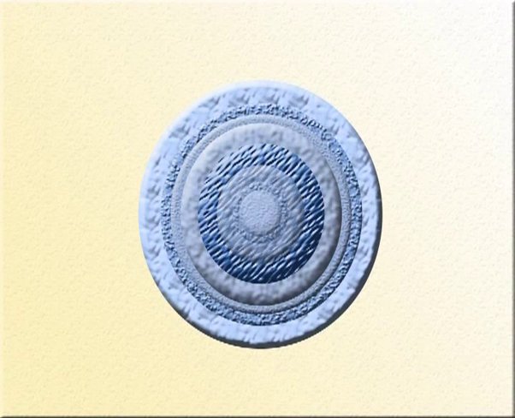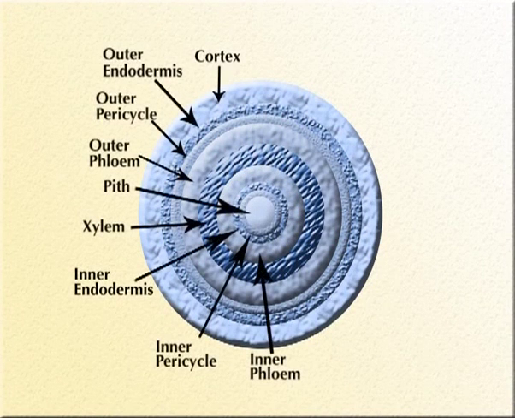During the other line of evolution, the modification of protostele was followed by the appearance of phloem on either side of the xylem. Likewise, internal pericycle also appeared. As a result, the siphonostele consisted of a central pith surrounded by an internal endodermis, internal pericycle, internal phloem, xylem, external phloem, external pericycle and external endodermis.